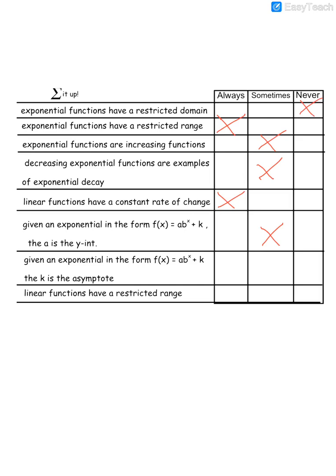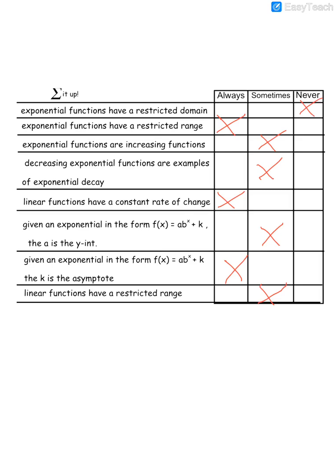Given the exponential function in the form f of x equals a b to the x power plus k, k is the asymptote. I'm going to say always. Linear functions have a restricted range. I'm going to say sometimes. That's only true for horizontal lines. Otherwise, I wouldn't think it would be.